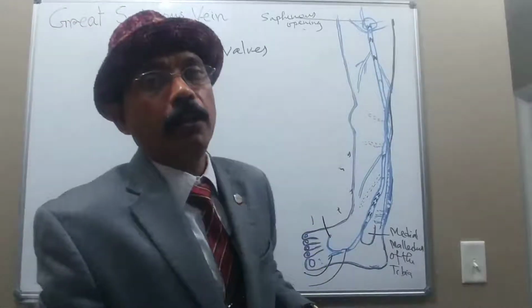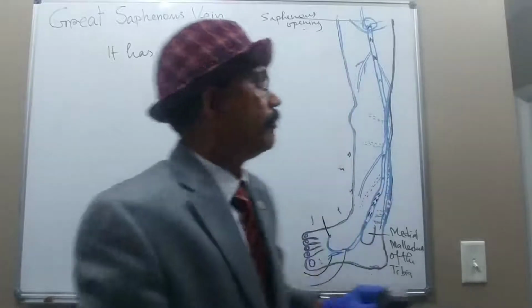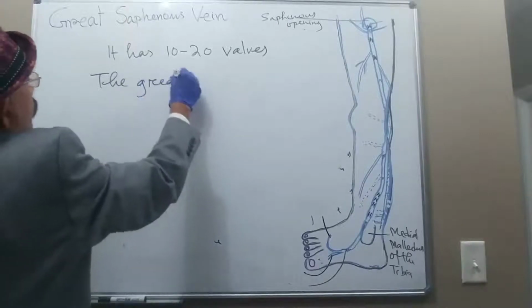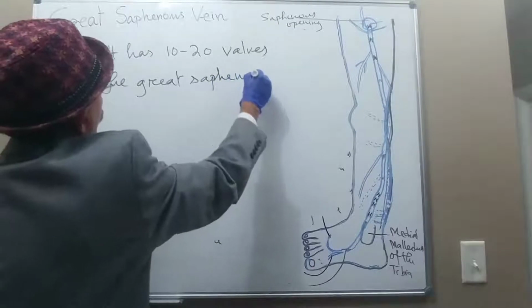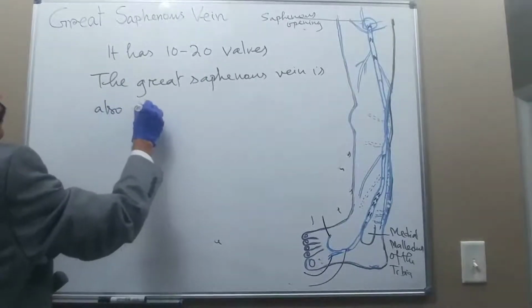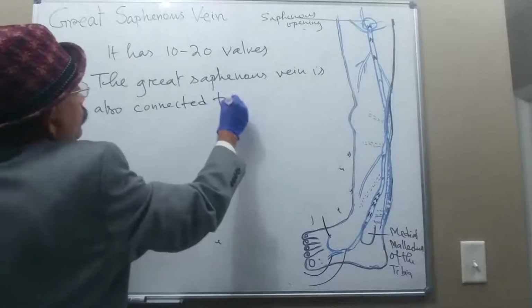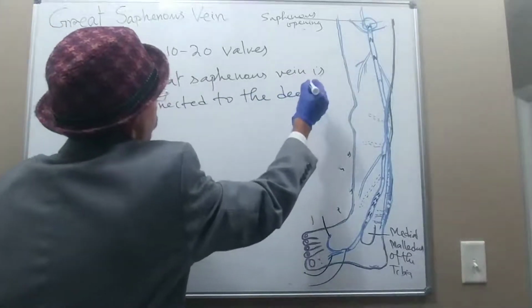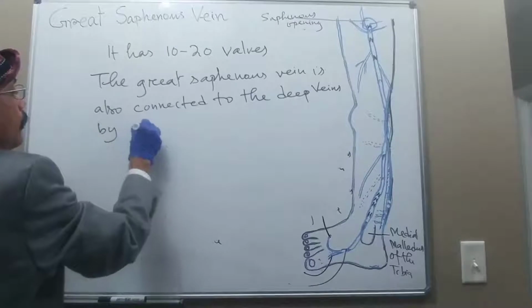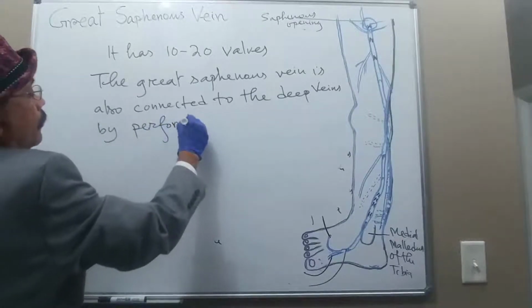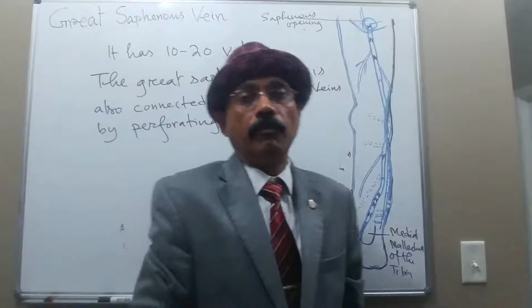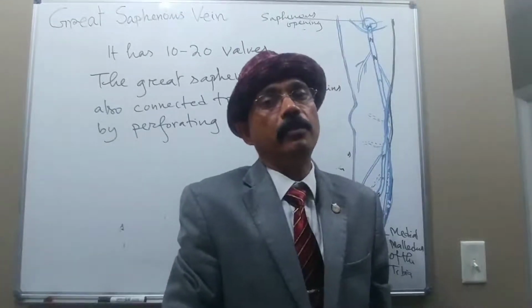The great saphenous vein is also connected to the deep veins by the perforating veins. Deep veins mean the femoral vein and the posterior tibial vein.